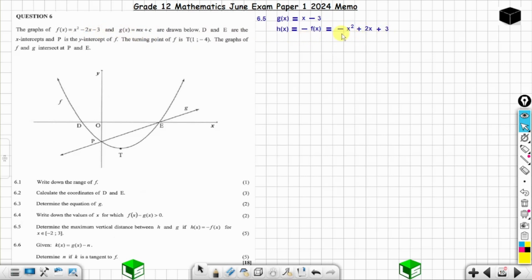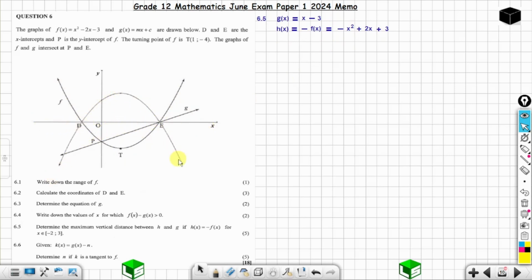You have to understand, if you multiply the equation of a graph by negative 1, you are going to reflect the graph about the x-axis. So you are going to have this.